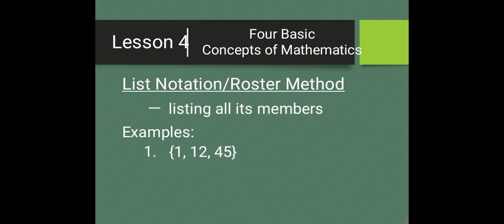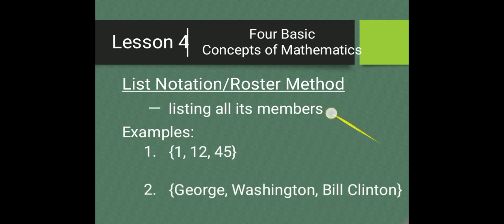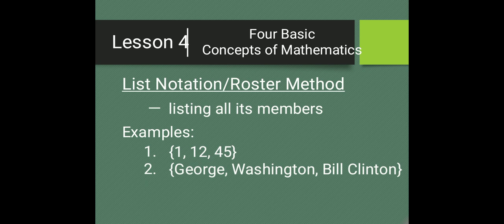Say for example, if we write the set of 1, 12, and 45, you listed 1, 12, 45, so specifying a set that way is the roster method. Like this one, George Washington, Bill Clinton, these are names listed one by one, so that way of writing is the roster method. Okay.